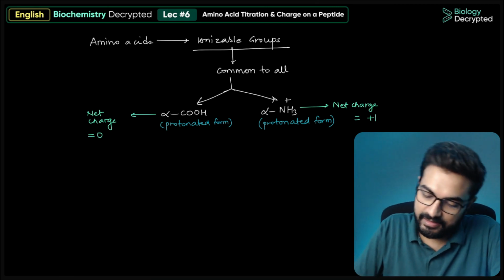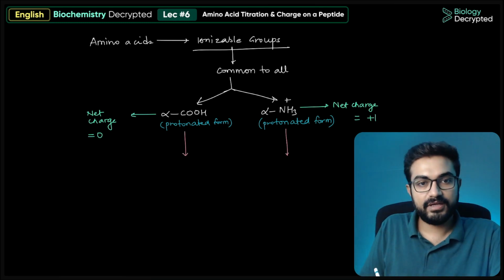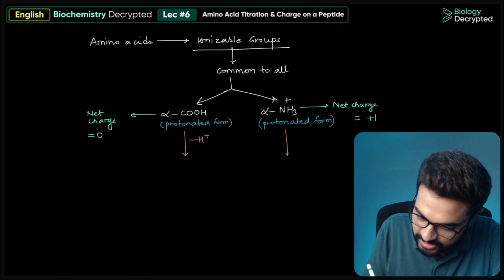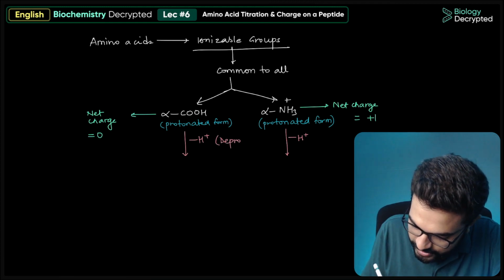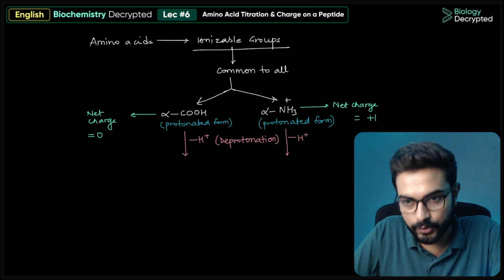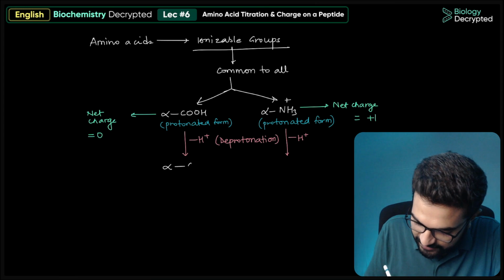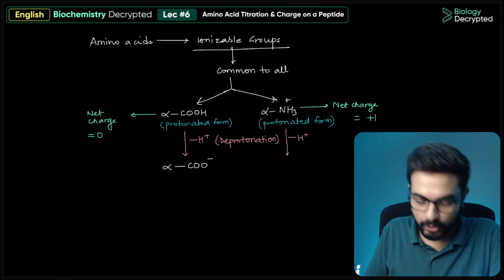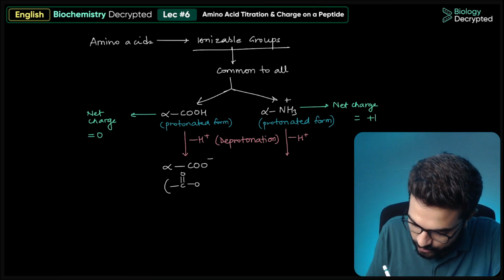Now if both of these lose their protons, for example, if the alpha carboxylic acid group is losing its proton, this process is called deprotonation. In both the cases we are talking about deprotonation. In this case we are getting alpha carboxylate, which is drawn as COO minus.